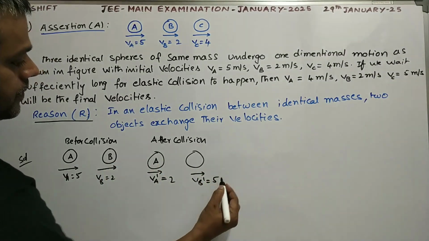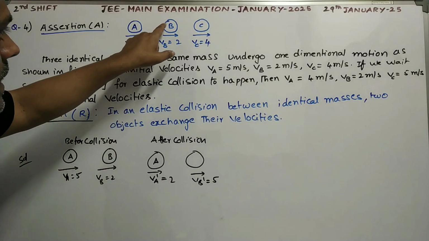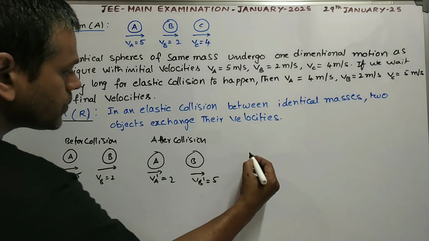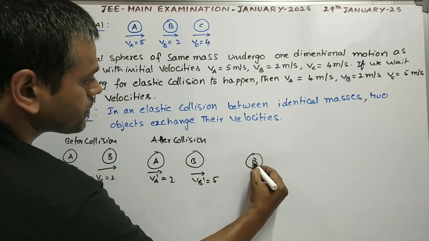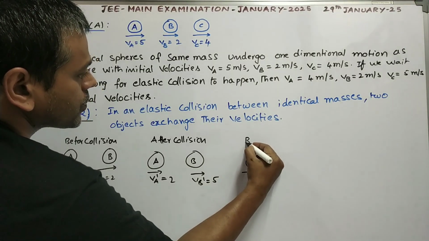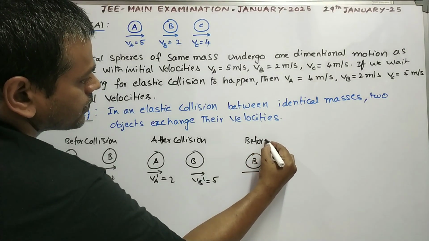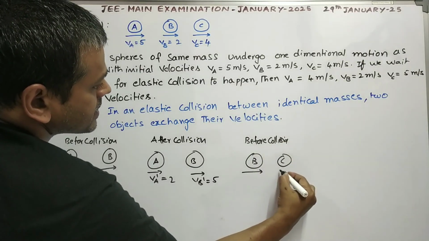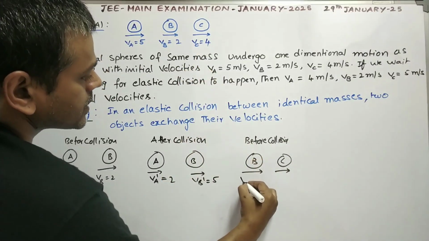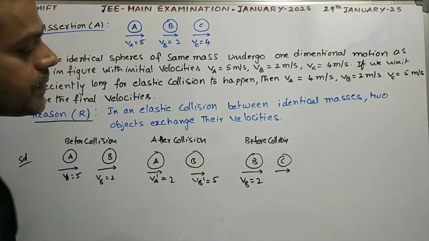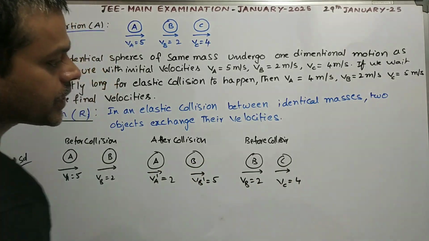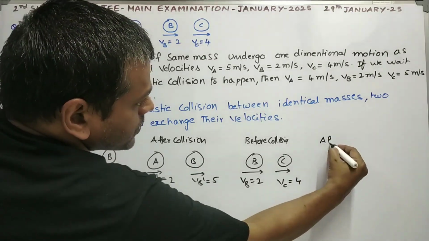Okay, next this B collides with C. Before collision, this is B and this is C. VB is equal to 2, VC is equal to 4. Next, what happened after collision?